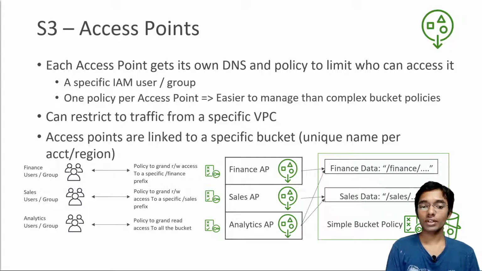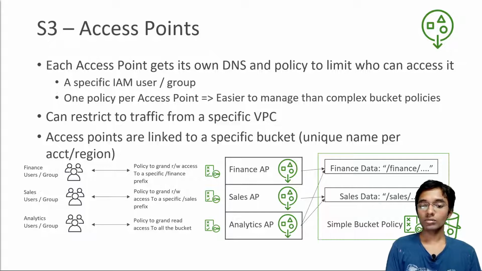Say we have three groups who want to access our S3 bucket, with different access rules: the finance group, the sales group, and the analytics group. We create a finance access point, which will only be authorized to access the finance data; a sales access point, which would access the sales data; and an analytics access point, which would access both the finance and the sales data.